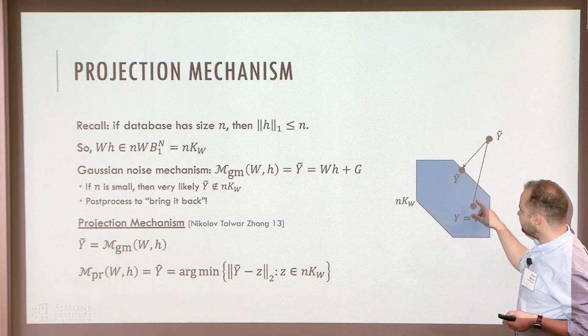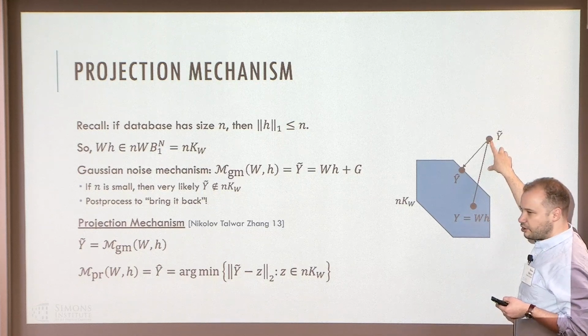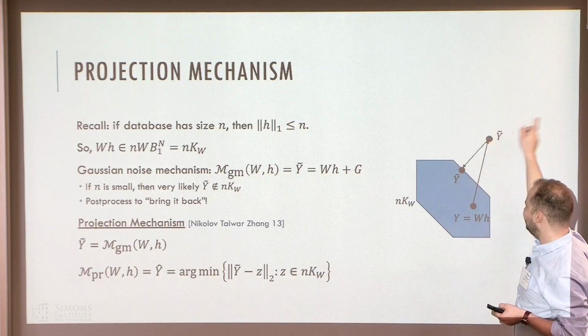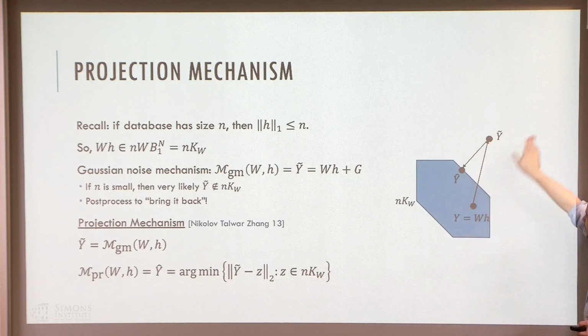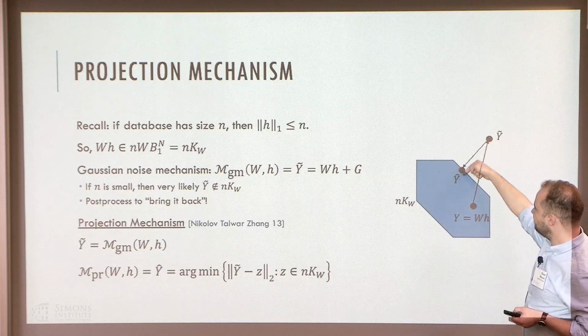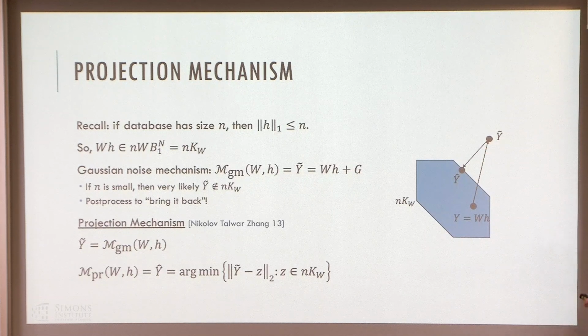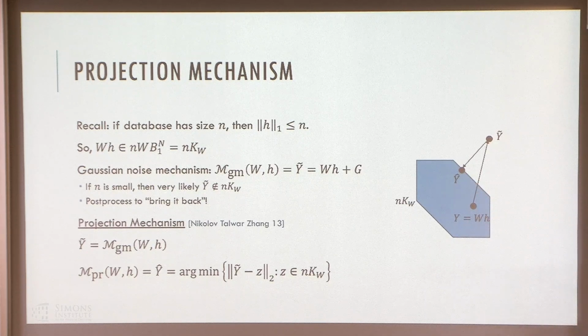Find the closest point inside the set of possible query answers to the noisy query answers. If the Gaussian noise didn't get you outside of this set, you just output that. But if it took you outside, you project back to the closest point that's actually feasible, that could have actually been an answer to these queries. And this is the point that you output. This is the output of the projection mechanism.